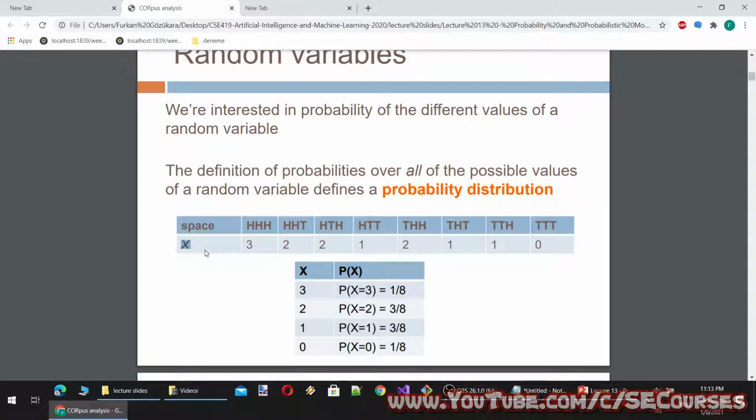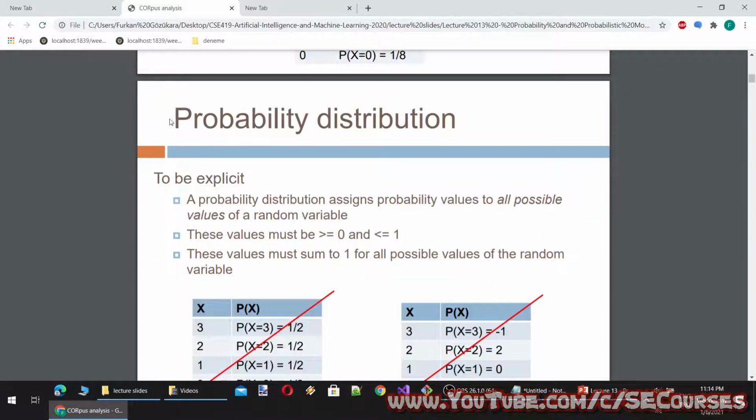The probability of x being 2 is 3 over 8, because in 3 events it is 2. The probability of x being 1 is 3 over 8, because in 3 events it has 1. The probability of x being 0 is 1 over 8. When we sum all of the probabilities, we get 1. This is always a rule: the sum of all the event probabilities always equals 1.